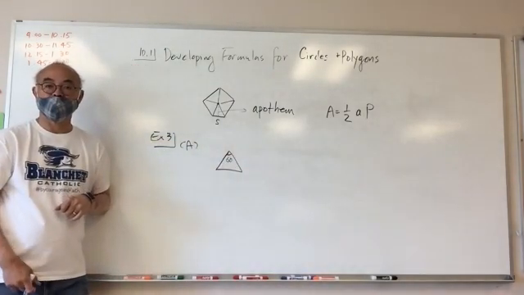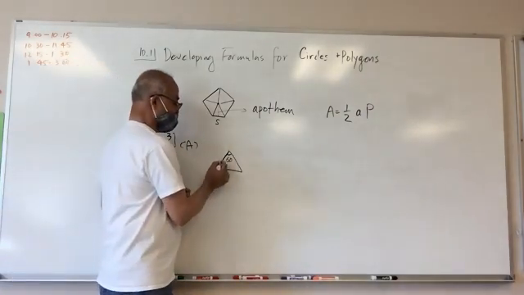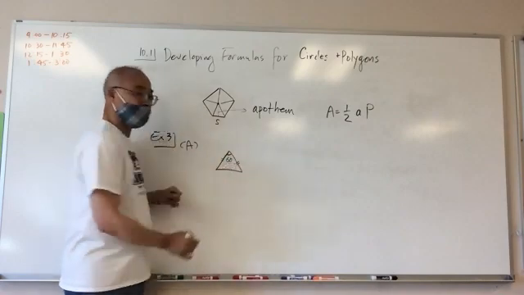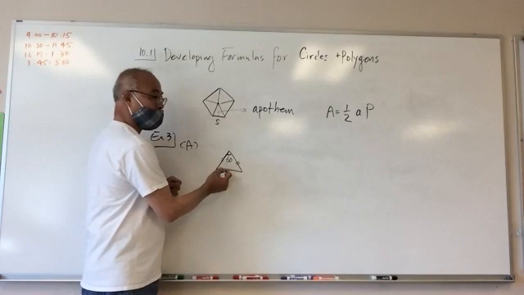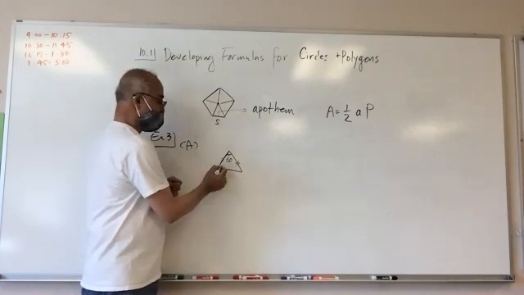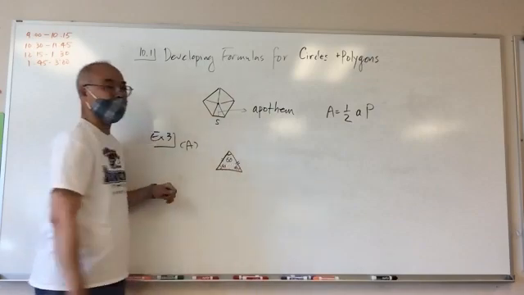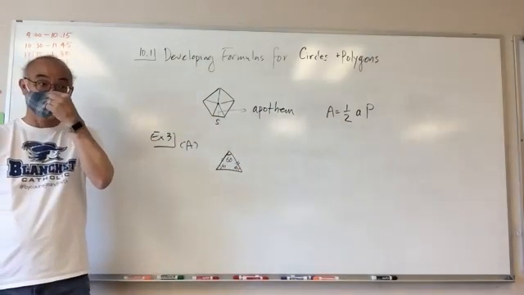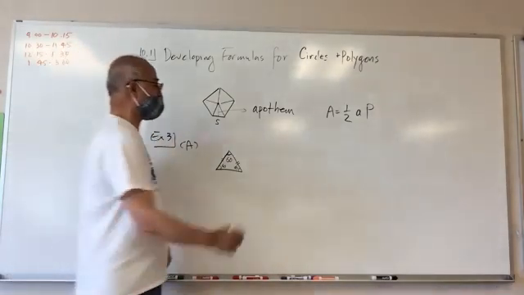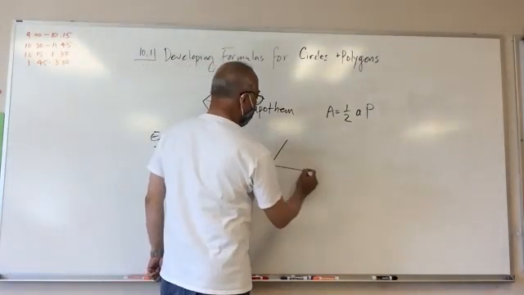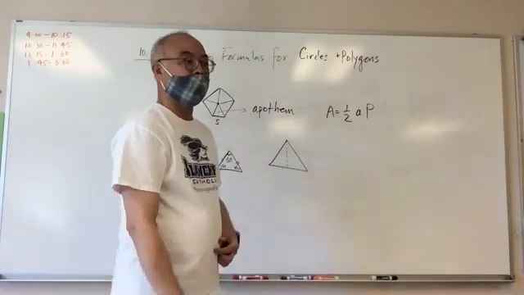Right? Okay. It's an isosceles triangle, which means that these two have to add to 120, which means that this guy is a 60, this guy is a 60. So it actually is an equilateral triangle. And this is important because that is how you're going to find out what the apothem is, right?